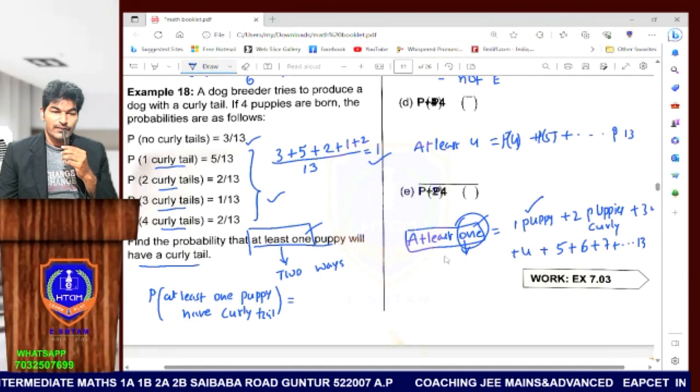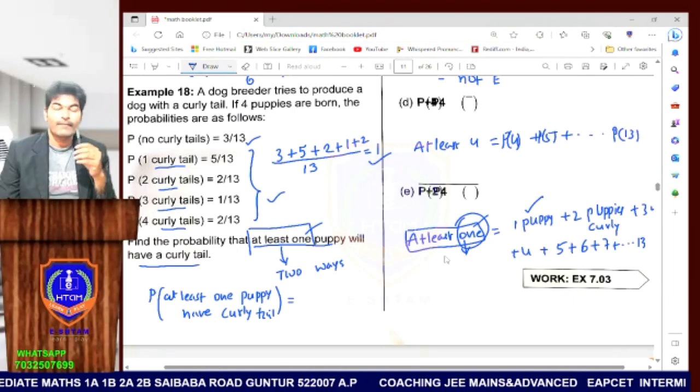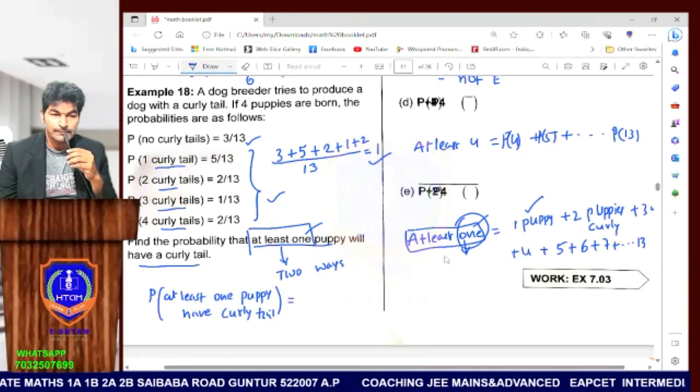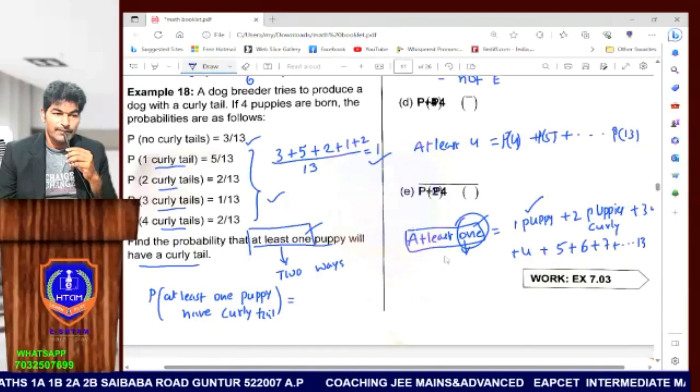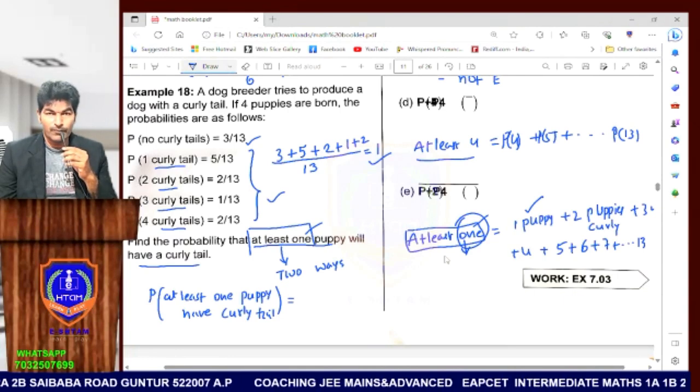You have to move up to 13 puppies. Understood? So this is the meaning of at least 4 and at least 1. From that number, you have to start finding the probabilities.